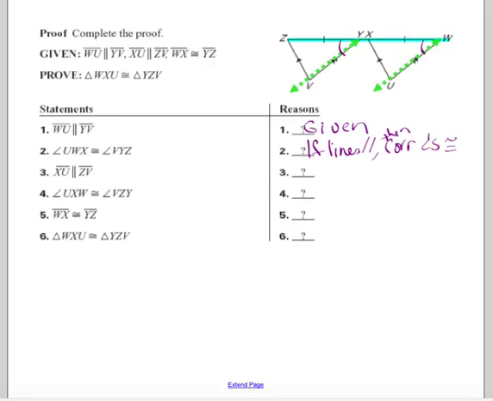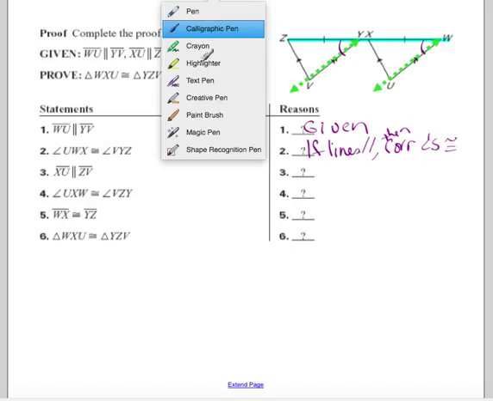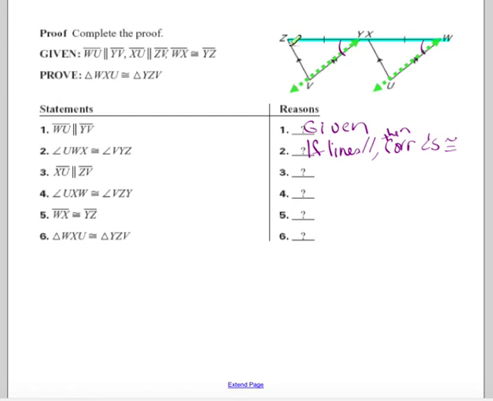The next thing in the proof is one of the other givens about another pair of lines. And I'm going to highlight those parallel lines. This line parallel to this line. And those are going to lead me to find that this angle here at X is congruent to this angle at Z. And so we've got angle UXW congruent to angle VZY, because there's more than one angle at X here, so we're naming it with 3 letters.